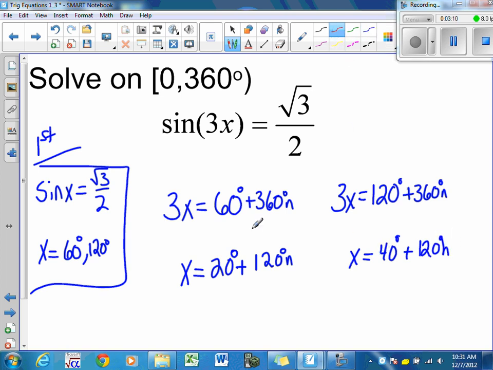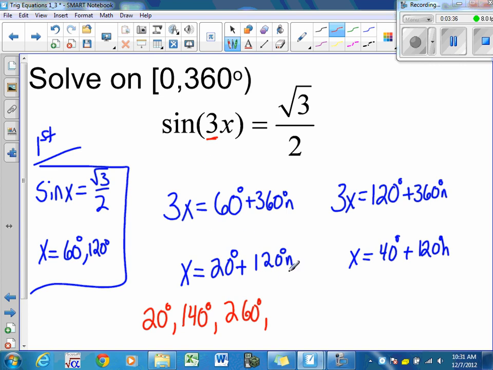Now I write down my answers. Let's start with the first one. When n is 0, I get 20. When n is 1, 120 plus 20 is 140. When n is 2, I get 240 plus 20 is 260. Now, I only get 3 answers from each part because there's a 3.